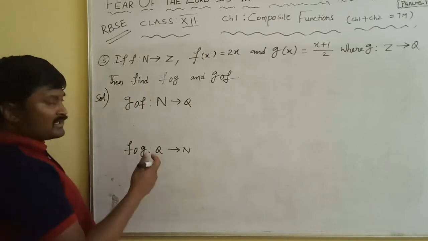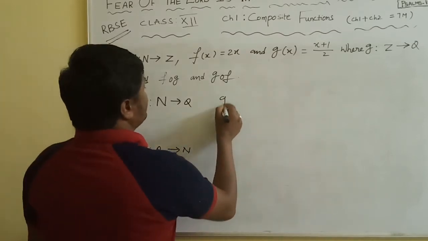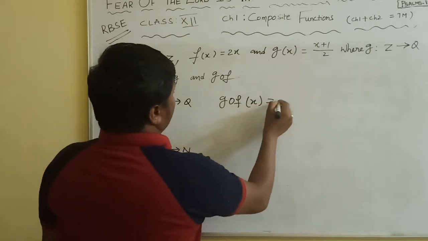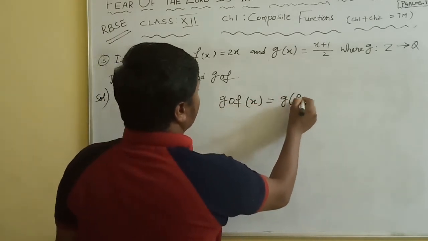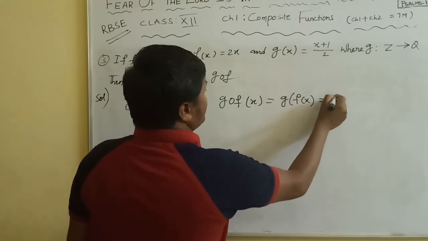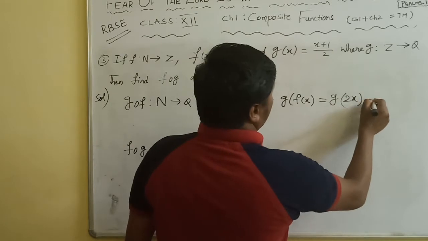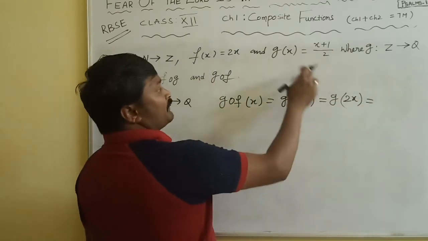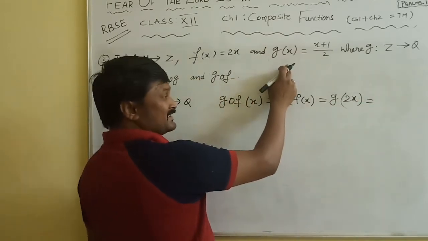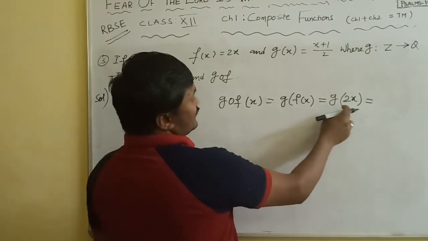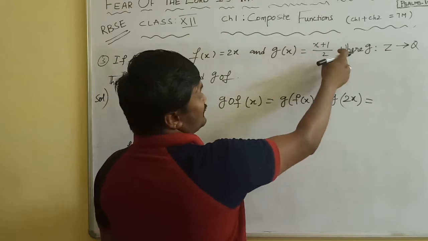Let me check now how it is possible. G circle F of x is equal to G of F of x. Now G of, what is your F of x? 2x. And wherever x is there in G of x, I need to substitute 2x. G of x means (x plus 1) upon 2.